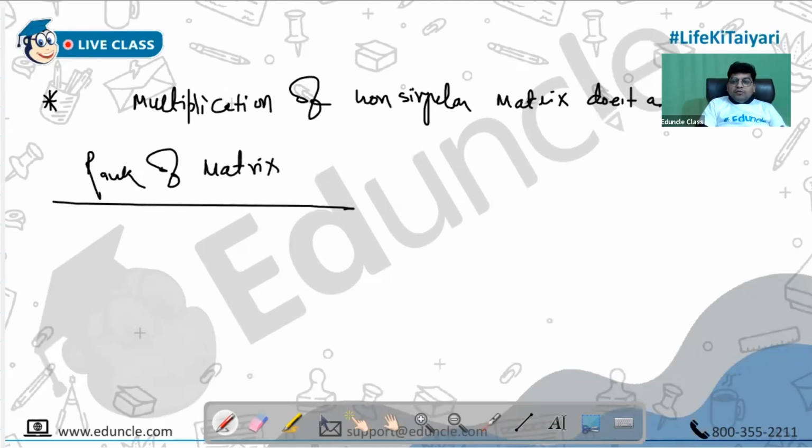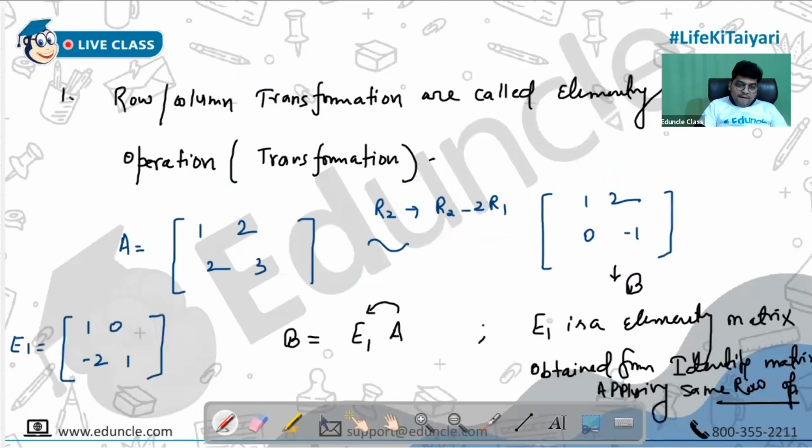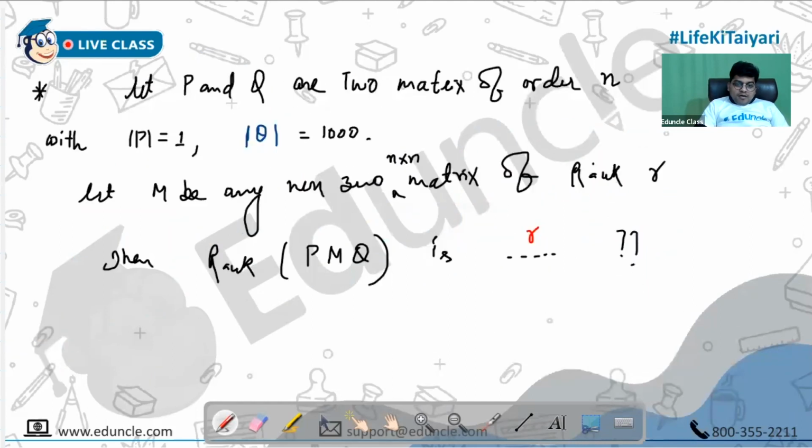Basically, because these are the product of so many elementary operations. So my question was, what is the rank? The rank is exactly R.